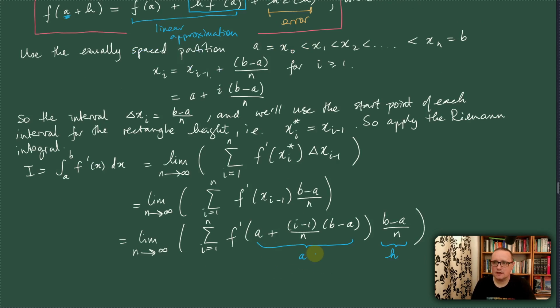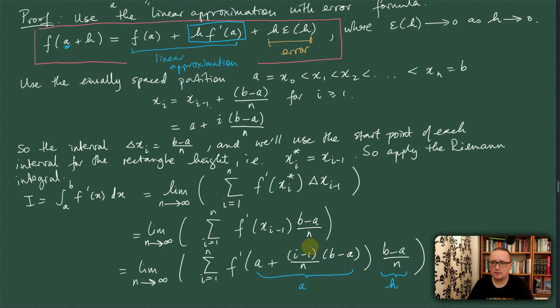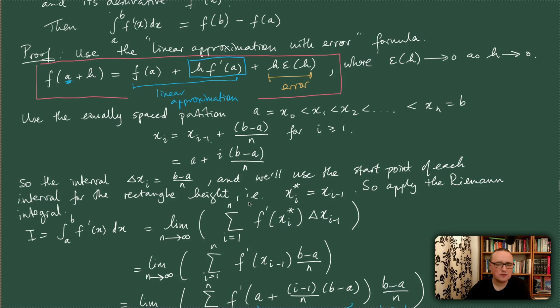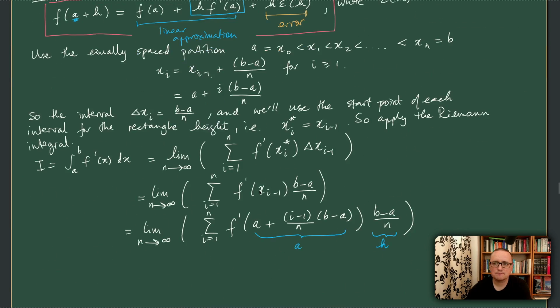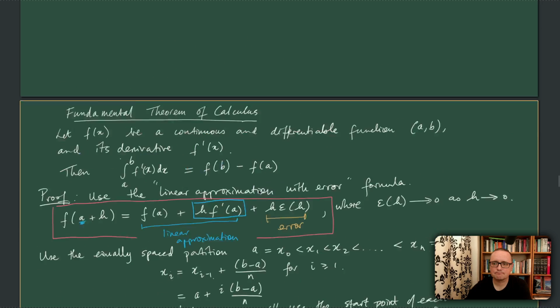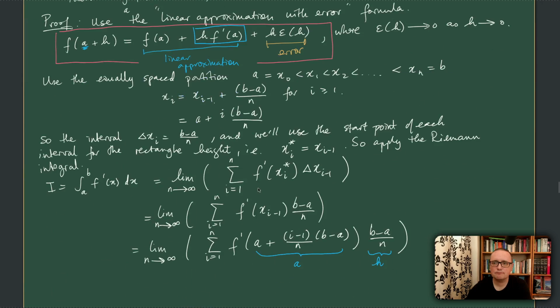Okay, I might zoom out a bit so I can keep them both on the same board for a moment while I do the substitution. Okay, there we go. So I'm going to continue my expression here.